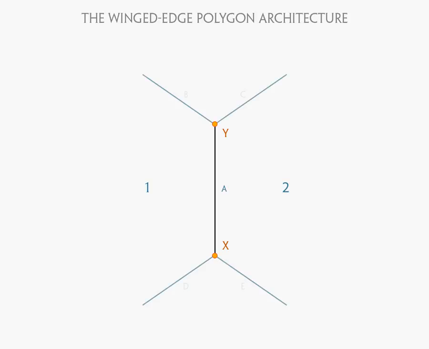Then there's a little bit more data which is stored along with this, and that is the order in which the edges adjacent to the edge in question, edge A, are structured. So for instance, on polygon 1 we have B preceding the edge, and we have D succeeding the edge, and then on polygon 2 we have E preceding the edge and C succeeding the edge.